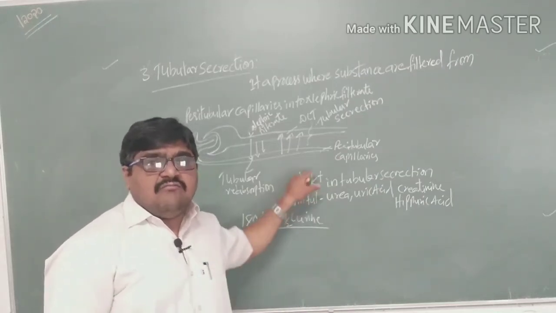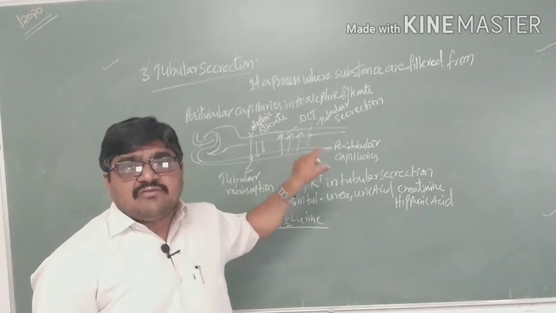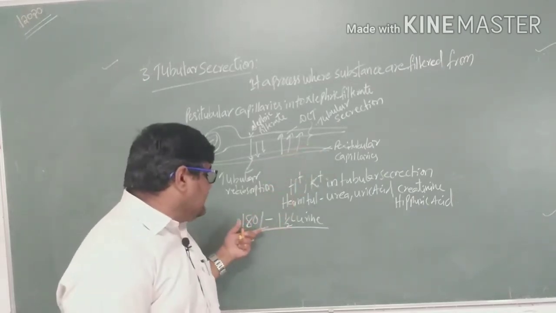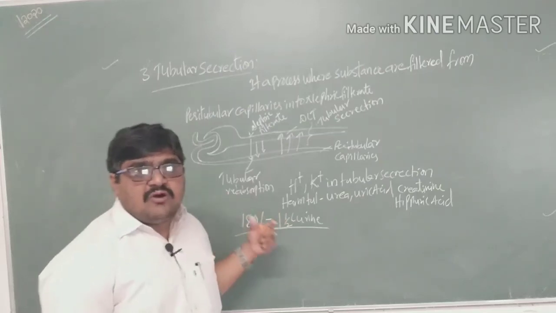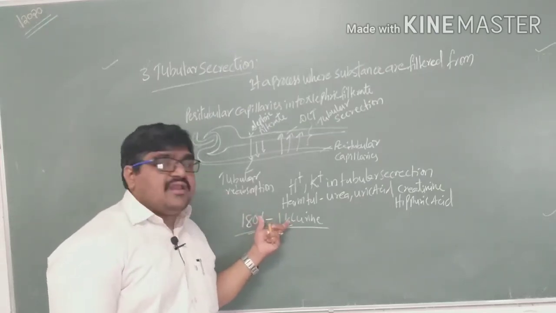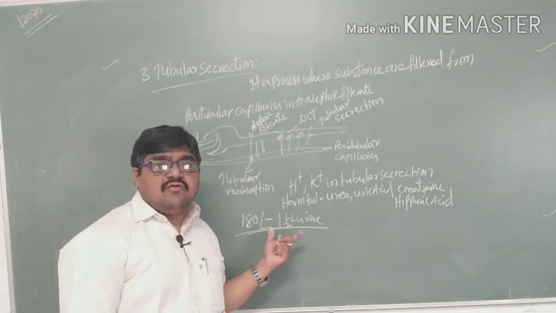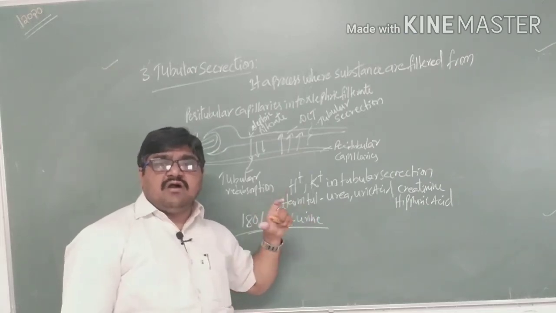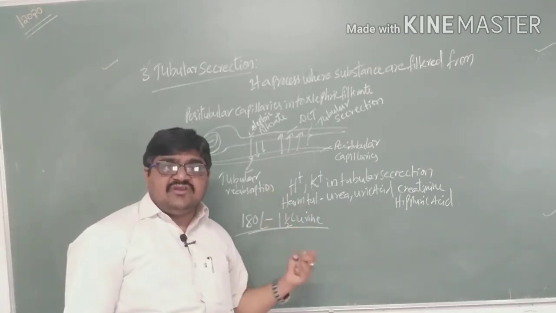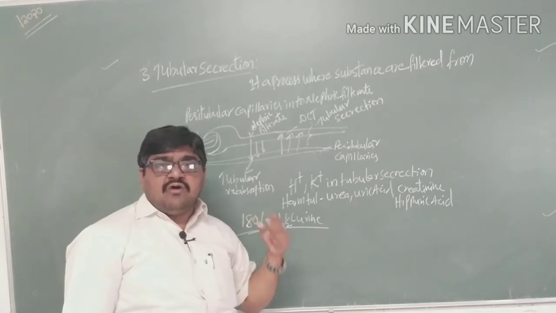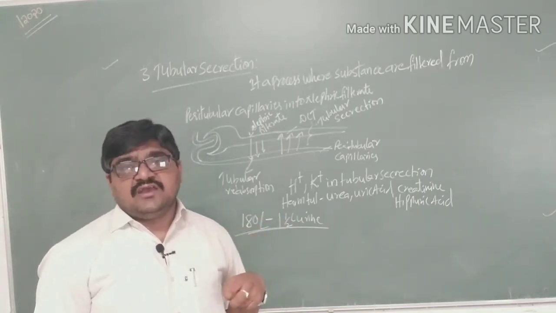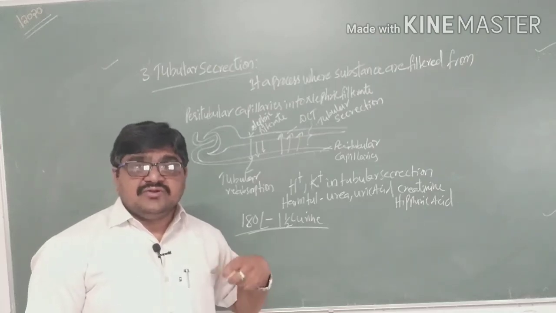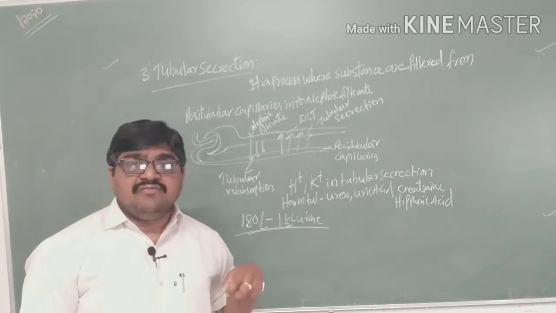Here these harmful substances are eliminated from our body, so that of the 180 liters of water, only 1.5 liters is eliminated in the form of urine, and the remaining 78.5 liters of water is reabsorbed into the interstitium of the blood of the nephron.